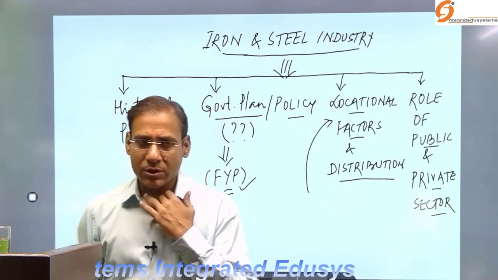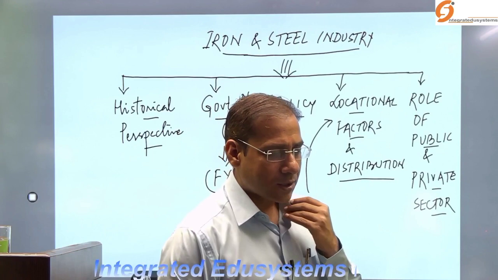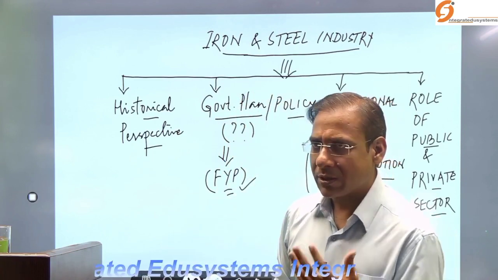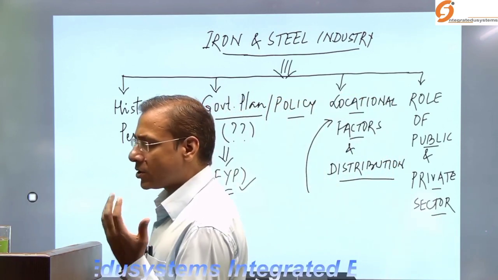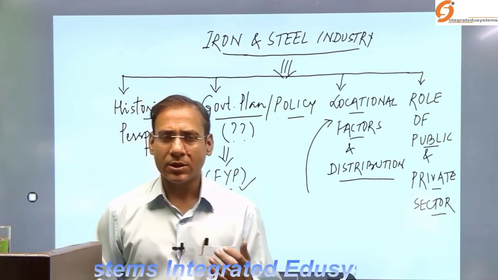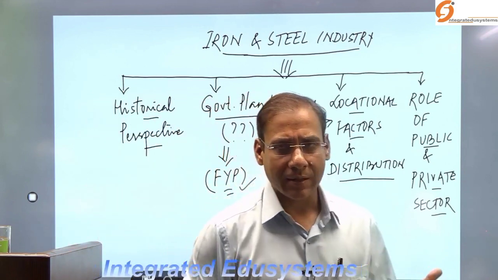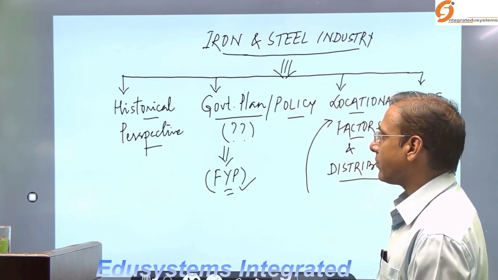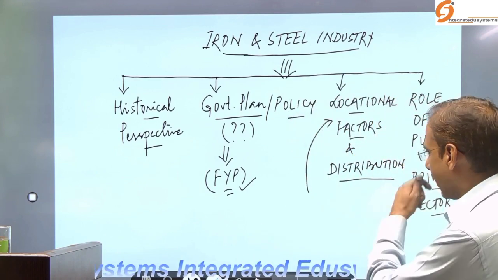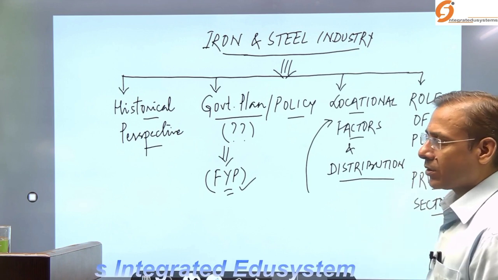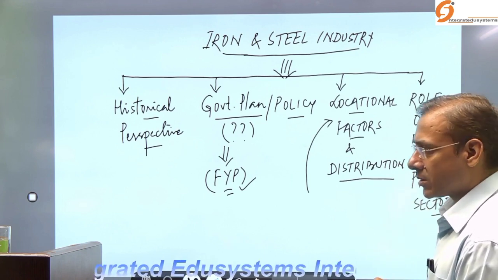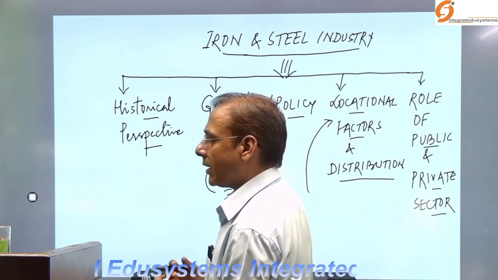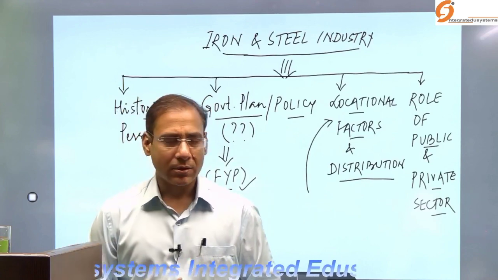Yesterday when I was discussing the iron and steel, I had said that 4 major companies have the largest market share. Jindal Steel, Tata, okay, SAIL. These are the industries having the larger share of the iron and steel. So you have to understand the role of the public, meaning the government enterprises, as well as the private sector.